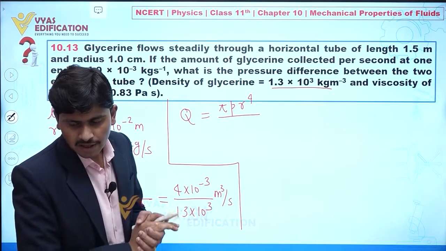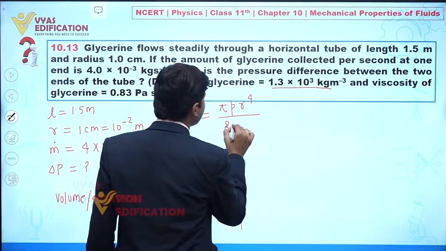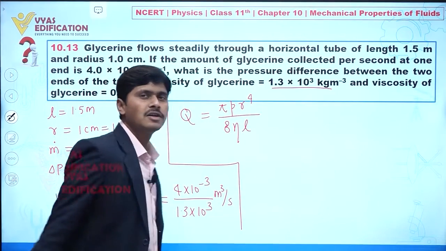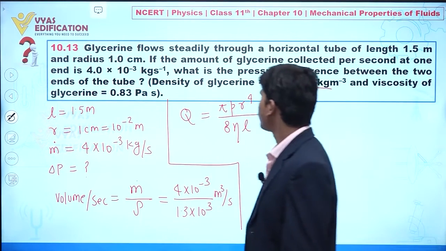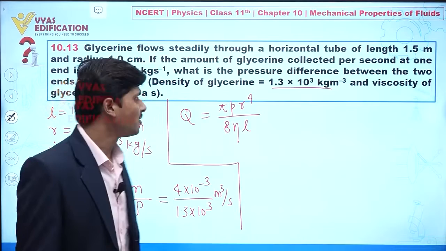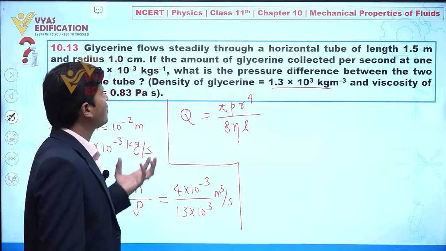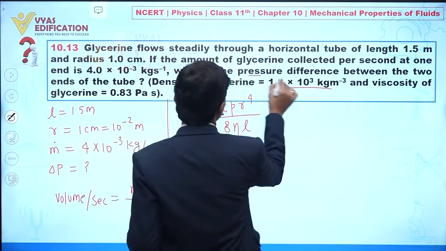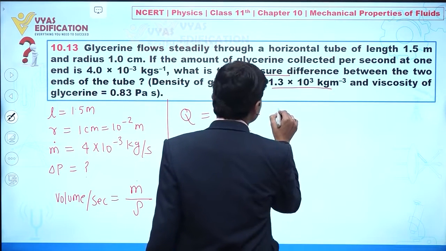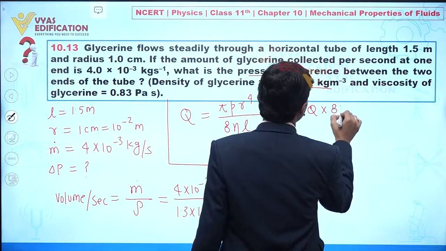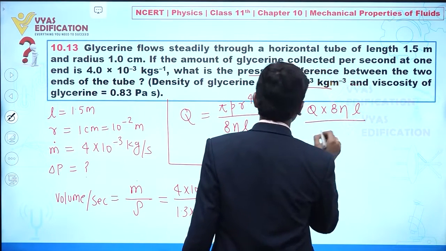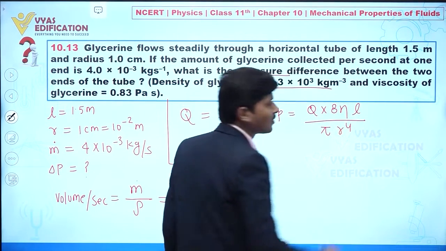This is actually 8 eta L. So the volume flow rate is pi P r to the power 4 divided by 8 eta L. Now what is my objective? My objective here is to calculate the pressure difference. So I can write P is given by Q multiplied by 8 eta L divided by pi r to the power 4. Clear?